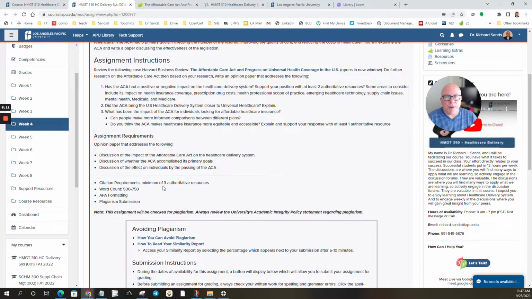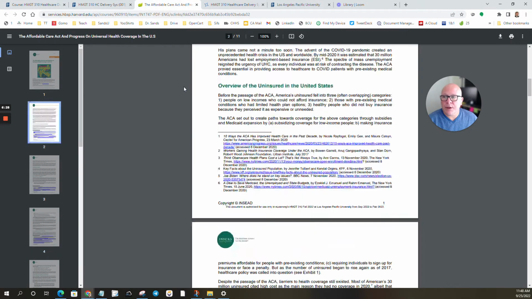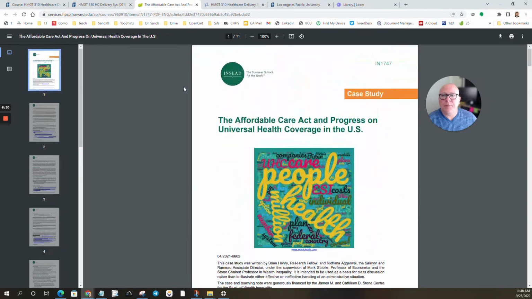Something to also consider is, like I also posted in class, always look at the syllabus for each assignment. For example, it gives the requirements here, right? It goes through the detail and the assignment requirements in here. When you go to the syllabus, you can see how your paper is going to be graded.